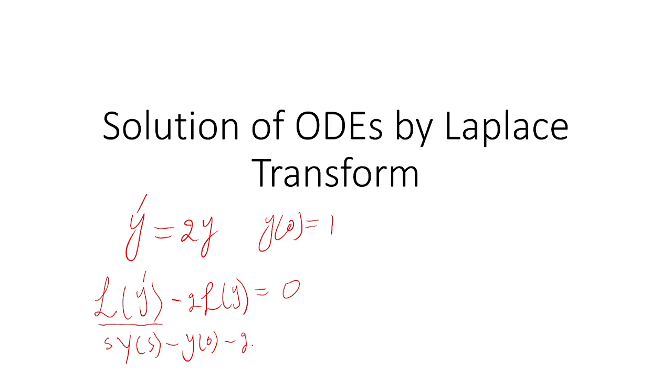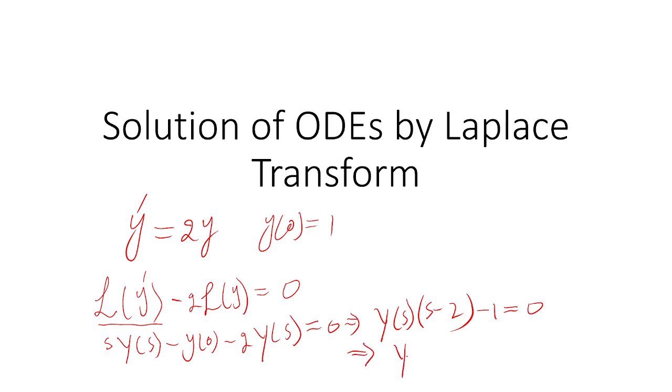Now minus 2 Laplace transform of y equal to 0. So this implies when I take the Laplace transform of y common, I get s minus 2, and the initial condition y at 0 is minus 1, and that is 0. So this implies that the Laplace transform of y is equal to 1 over s minus 2.